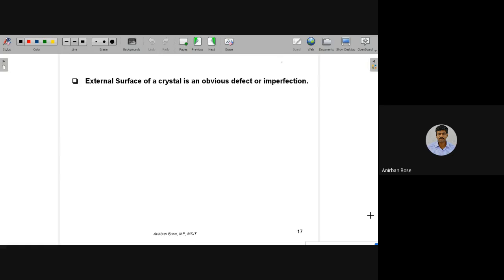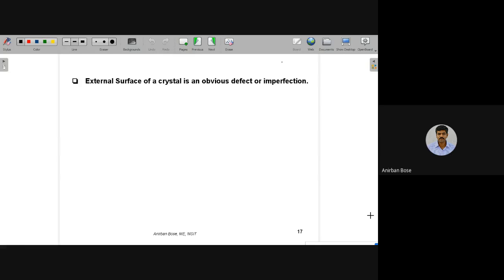But it is clear that the lattice is basically in infinite space, while a particular object is not infinite in size. So at the surface, if you look at the surface lattice points, the atoms at the surface are not surrounded by atoms in exactly a similar fashion as an atom inside the body.